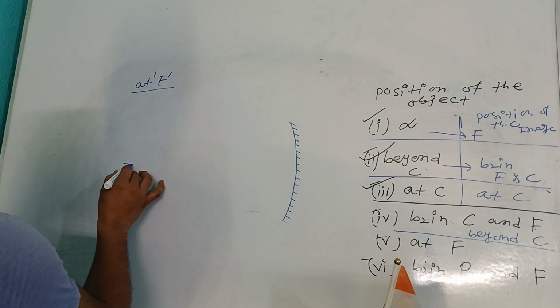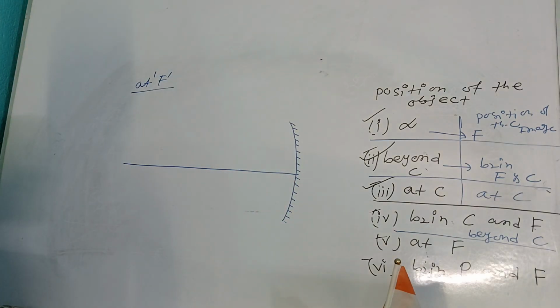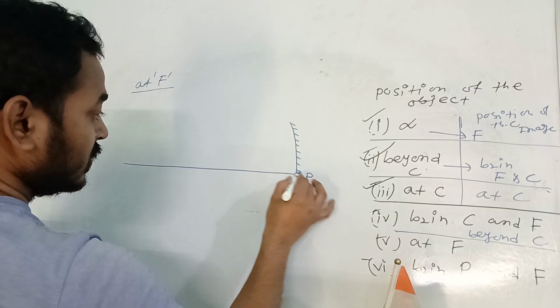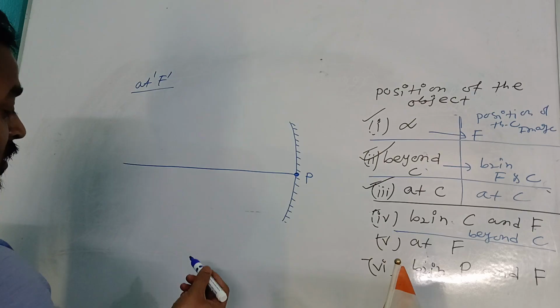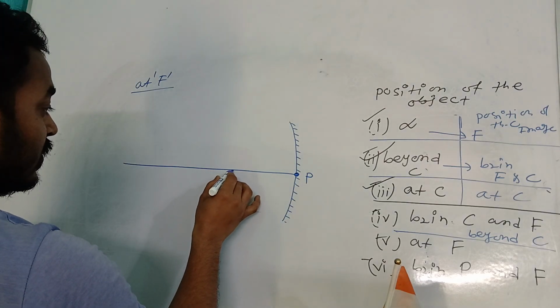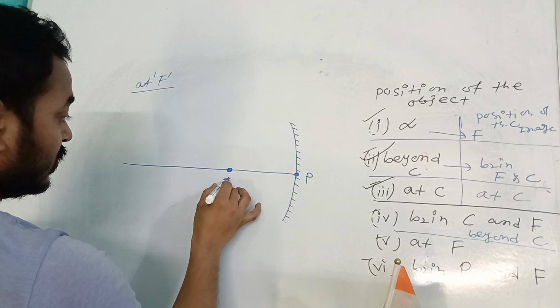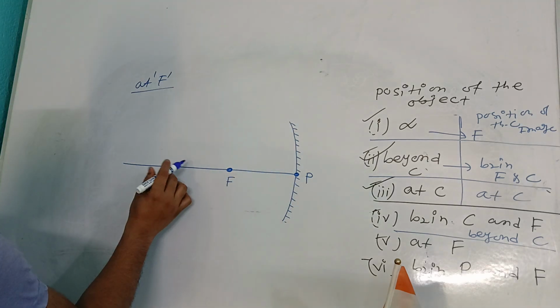Next, show the principal axis. So this is the principal axis. Next, identify the pole. This is pole. Next one, you have to mark the focus. So consider it is focus, and same distance, this much distance.